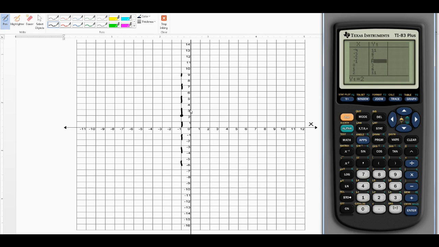So we have 0, 3, 1, 6, and then 2, 11. And then you should be able to see negative 2, 3. In fact, you can just move over without really having to worry too much about the actual points. And then you play connect the dots, and we get our U, a parabola.